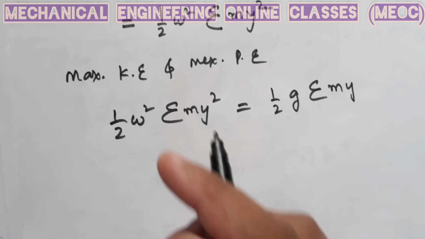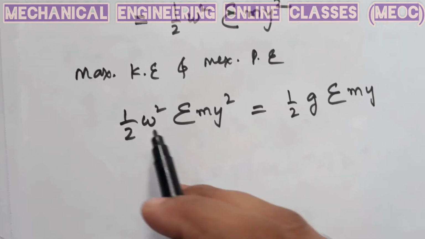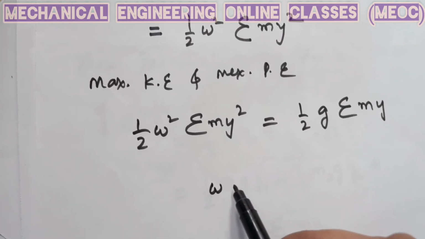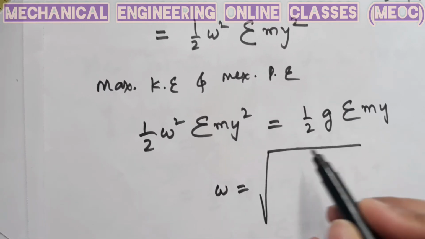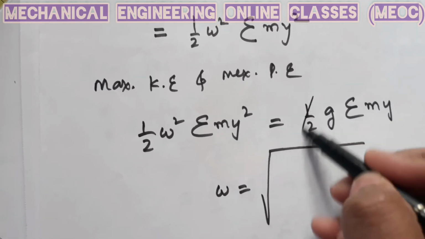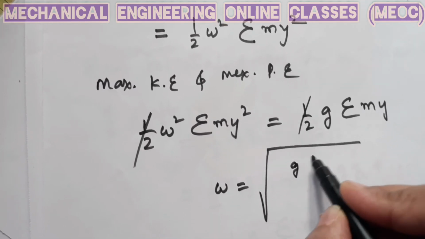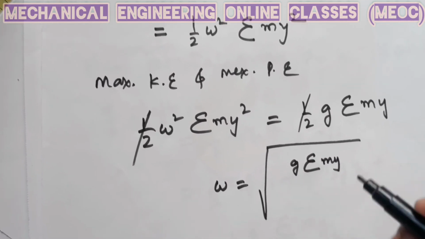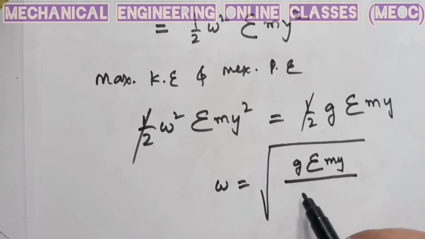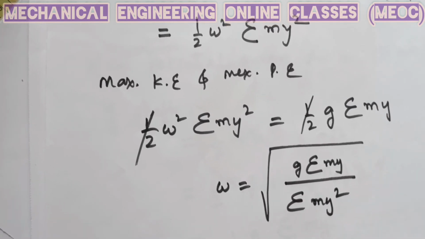From which omega can be found on cross multiplication. Before that we can cancel out the half and half. So omega comes out to be root over g sigma my divided by sigma my square.